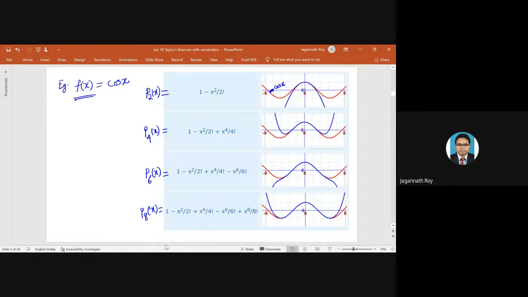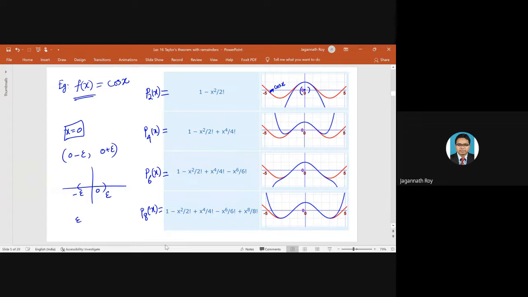Now, at x equals 0, we try to approximate this value in the neighborhood of 0, for example, 0 minus epsilon to 0 plus epsilon, where epsilon is greater than 0.